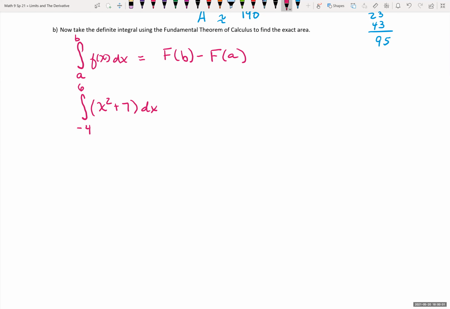We're going to plug in our upper bound first, 6, wherever we see an x. So we have 6 quantity cubed over 3 plus 7 times 6. And then we're going to subtract off brackets because there's more than one term. Now we're going to plug in -4 wherever we see an x.